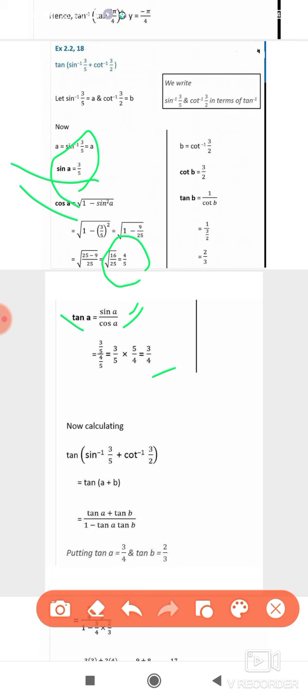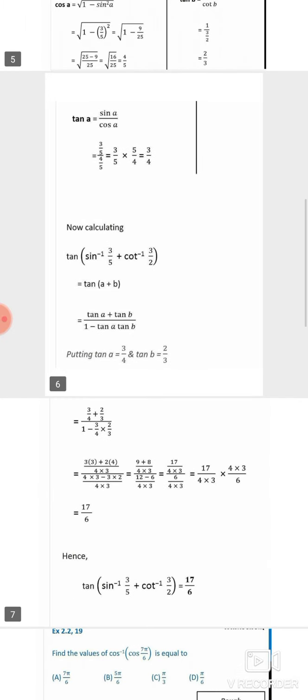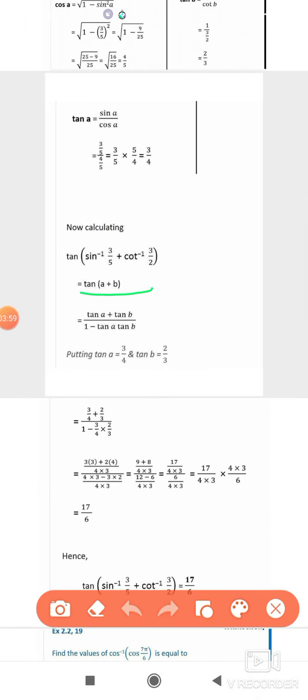Fine. Now put the value of sine inverse 3 over 5 and cot inverse 3 by 2 in the form of tan theta over here. Let's calculate this tan a plus b.